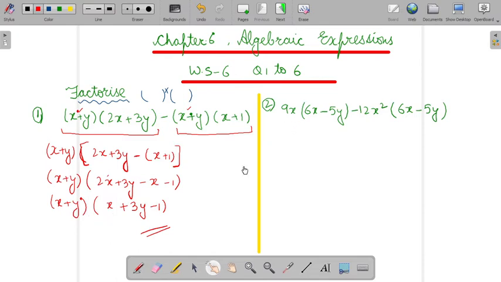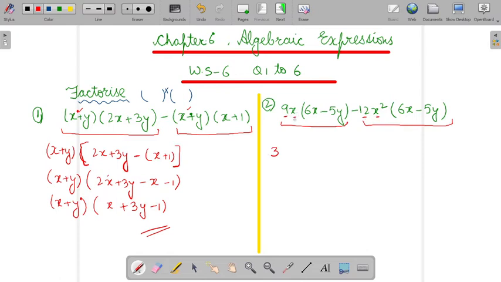Now let's go for the second question. In the second question, this is one term and this is another term. Basically we are taking the common term, or we can say the HCF part, we are taking it out. Now this is 9 and this is 12. So what is the common here? 3 is the common. This is x and this is x square.